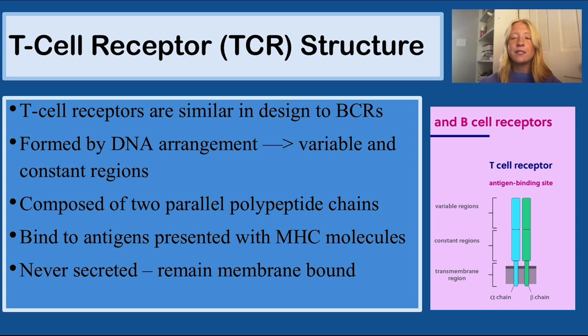The big difference is that T cell receptors are never secreted, so they stay anchored in the T cell membrane. This makes sense because T cells don't release antibodies, and instead they interact directly with other cells. This structure gives high specificity, and each T cell responds to only one antigen-MHC combination.